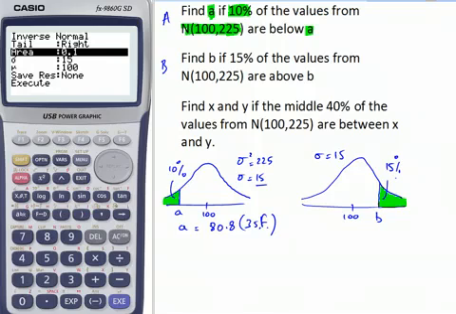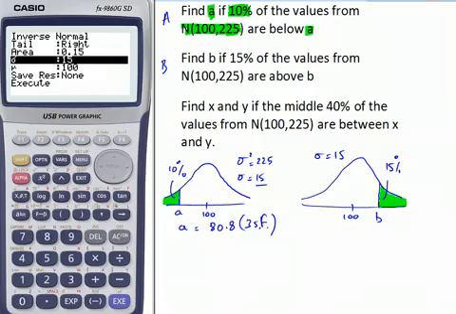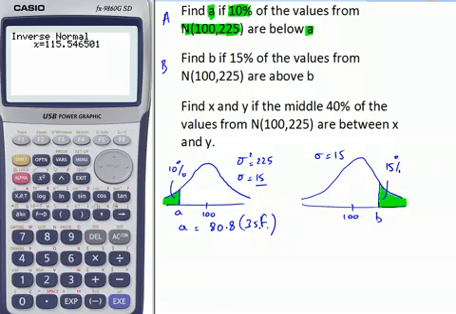So that's 0.15, and the standard deviation and the mean are all still the same. So the answer we get for B will be 115.5, or 116 to 3 significant figures.